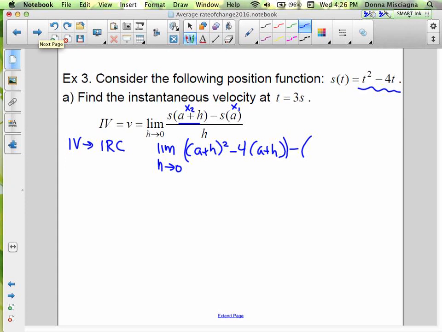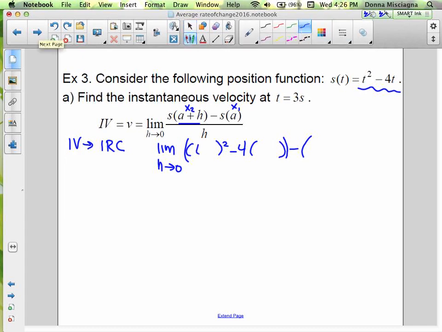Now I've got to plug a in. So that would be a squared minus 4a. Oh, excuse me. I'm going to leave it as t's, not a's. I'm sorry, our variable is t. My equation here is written with an a in it, but we're using t's.